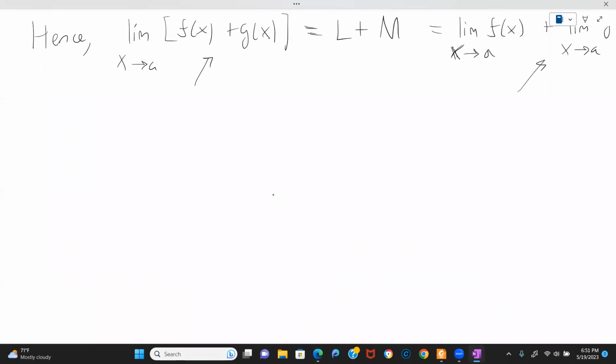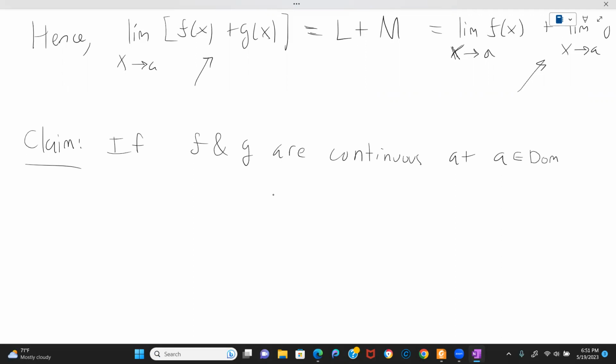So what we have is the following claim. If f and g are continuous at a, some number a in their common domain. Actually, let me be a little more careful.